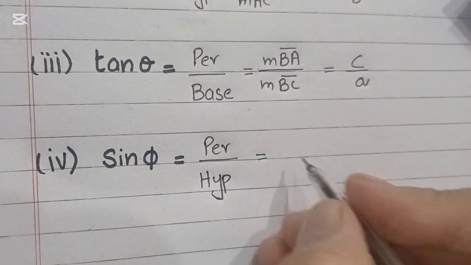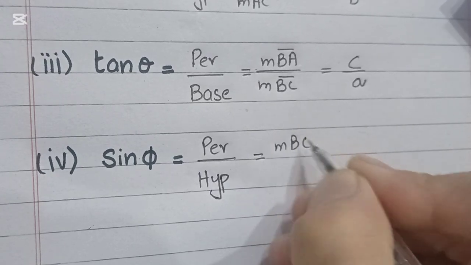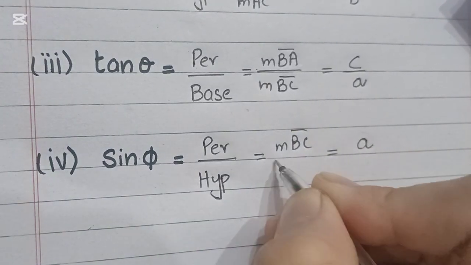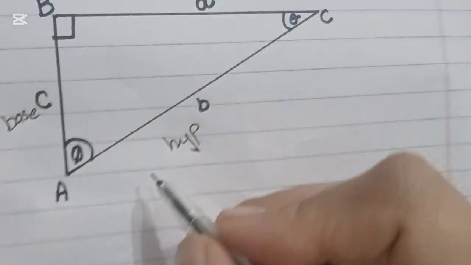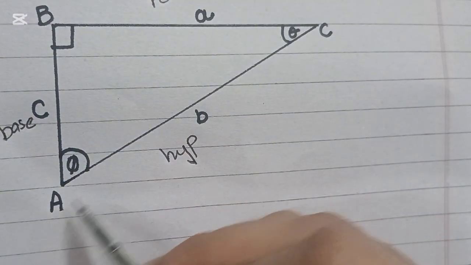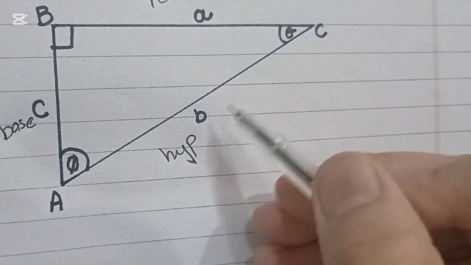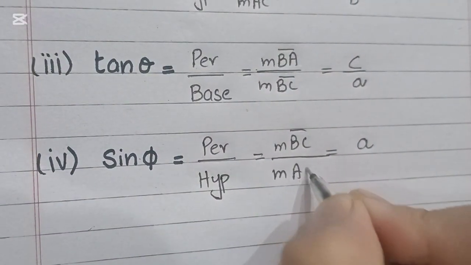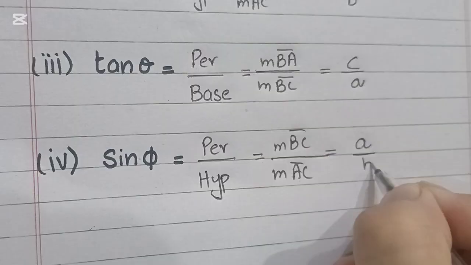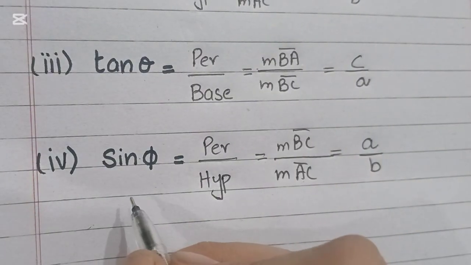The hypotenuse side remains the same: AC, measurement AC, which is equal to b. And this is our answer of sine phi.